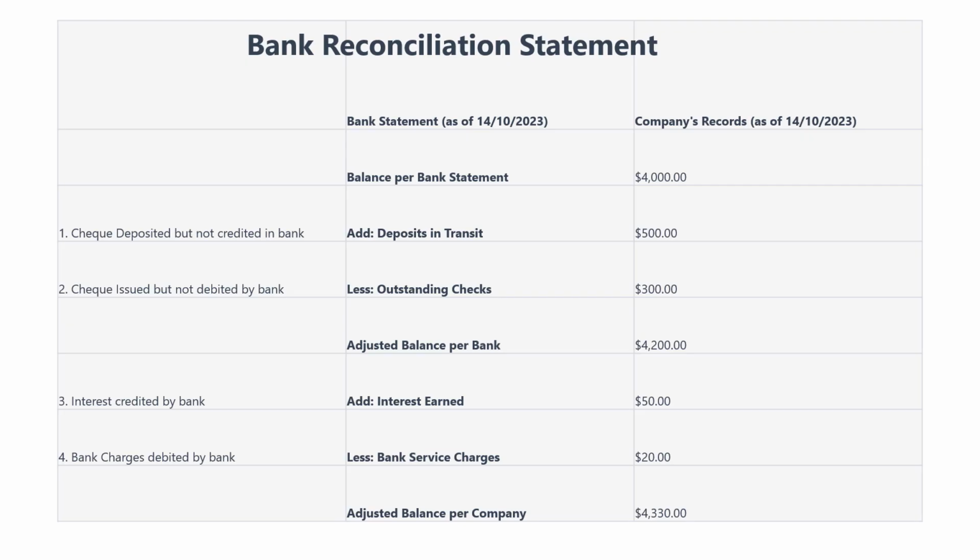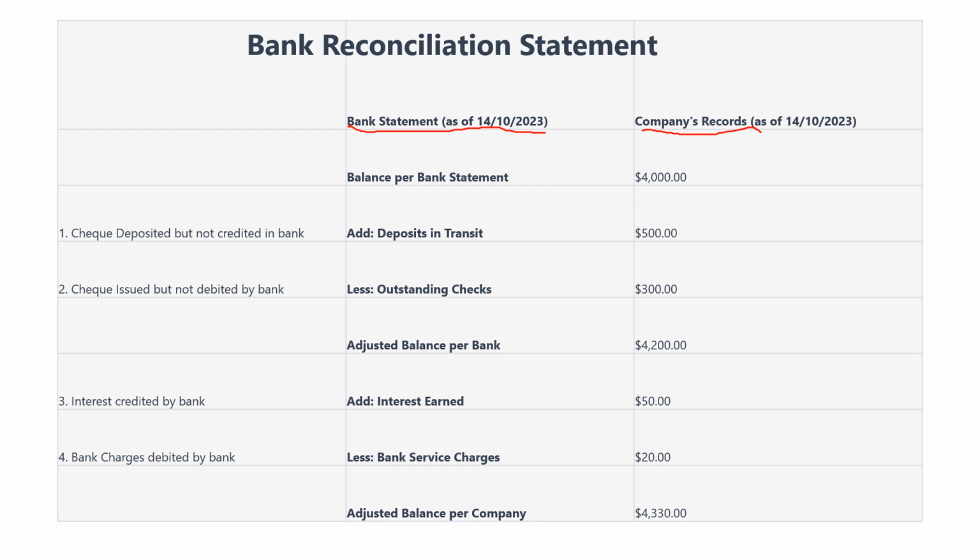Now take an example. Here you can see I have the bank statement as well as the company's records. Now, when you prepare any bank reconciliation statement, there are two books: one is maintained by the bank and one is maintained by your company.